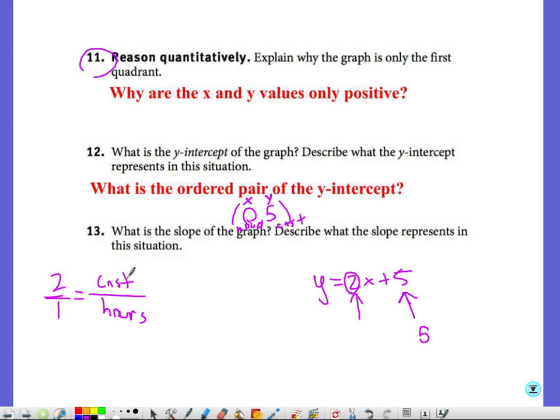So if we read this, it reads as cost per hour, and this is what the slope is right here. The slope is the cost per hour. So $2 for every hour. So by looking at the slope, we can describe what it represents in this situation.